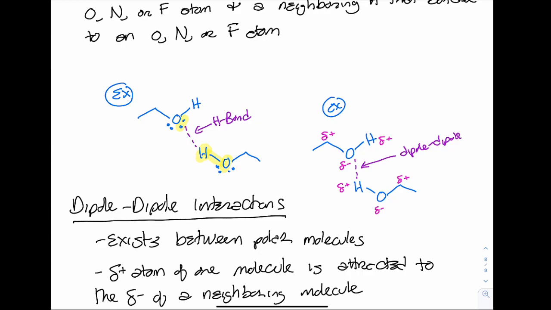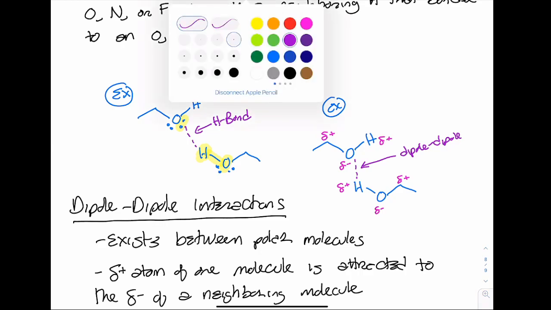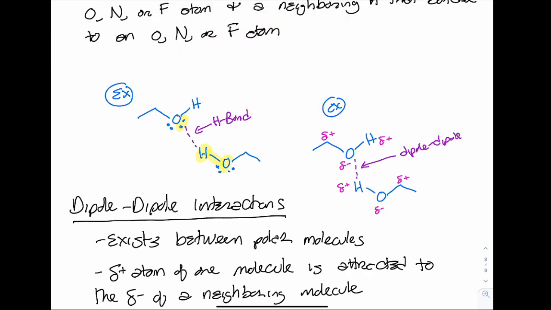So dipole-dipole. So it's this oxygen being attracted to that hydrogen. If I go back, the hydrogen bond is between the lone pair and the hydrogen. So it's a very small but important difference.